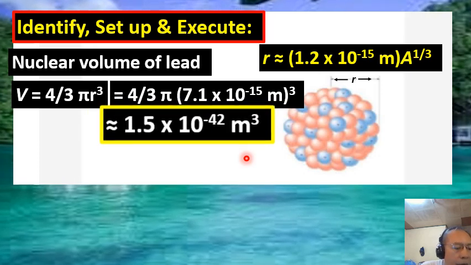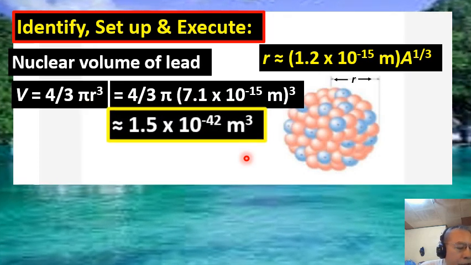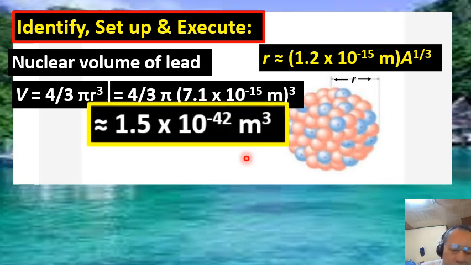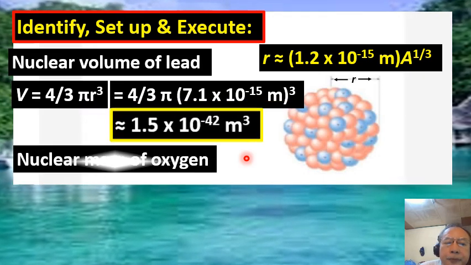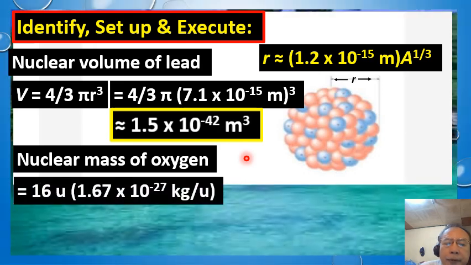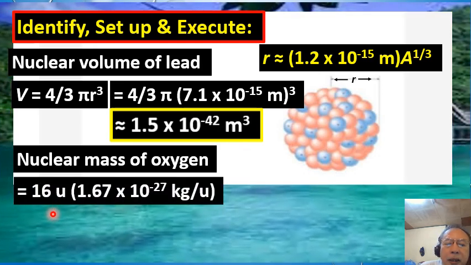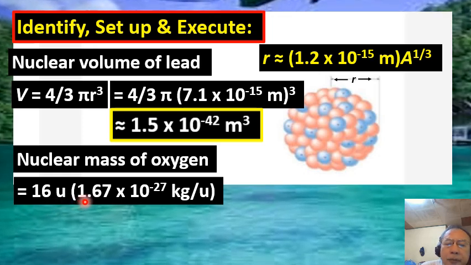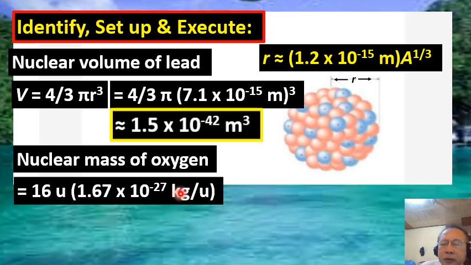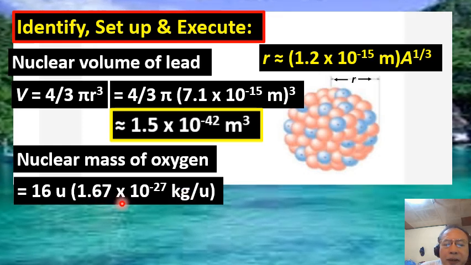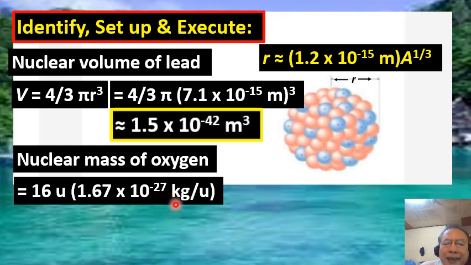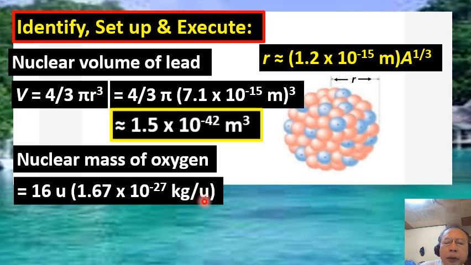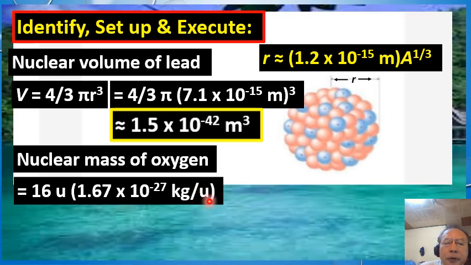Next, we convert the mass number of oxygen from its atomic mass unit to kilogram. That is 16 atomic mass unit multiplied by the conversion factor 1.67 times 10 to the negative 27 kilogram, which is the equivalent of 1 atomic mass unit.